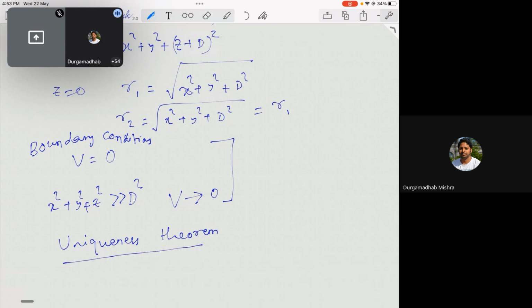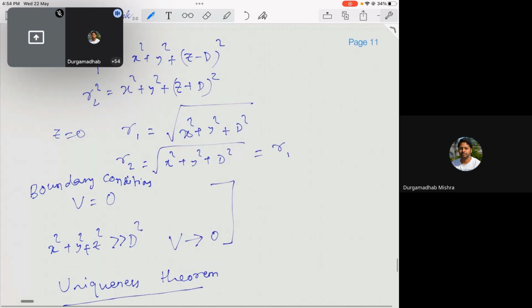There will be no other solution possible for a particular charge distribution. So if the boundary conditions are the same, the solution for the potential has to be the same.